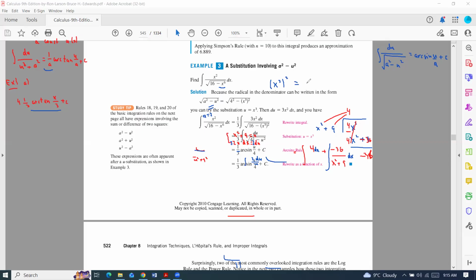Instead of x cubed, treat it as u squared, so you'll end up with 16 minus u squared, and that will be the previous exercise, which is arcsine. So you replace your x cubed with a variable u.